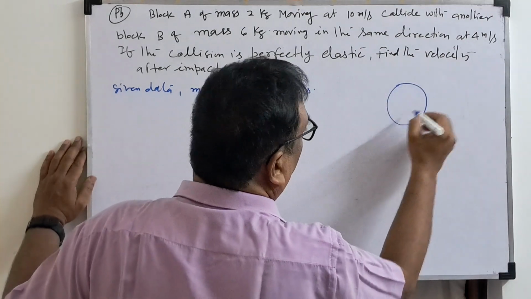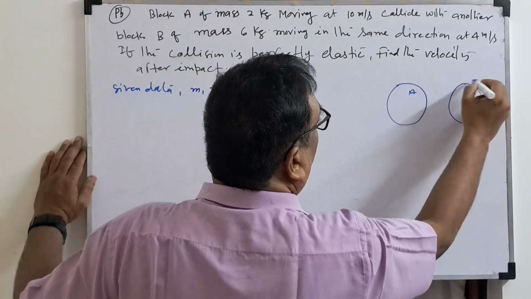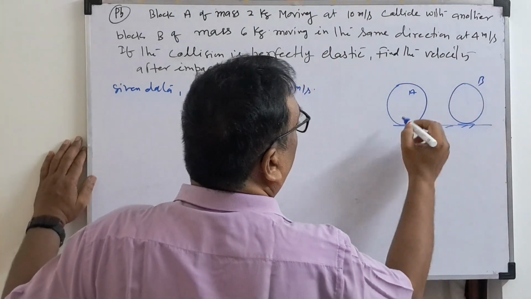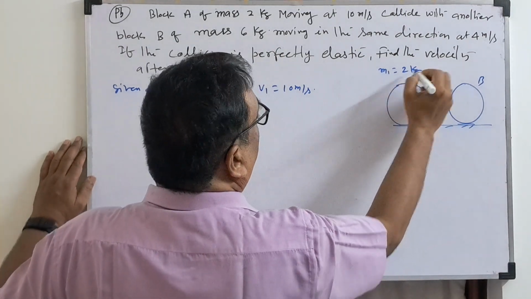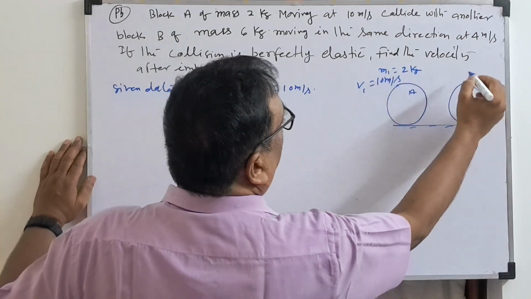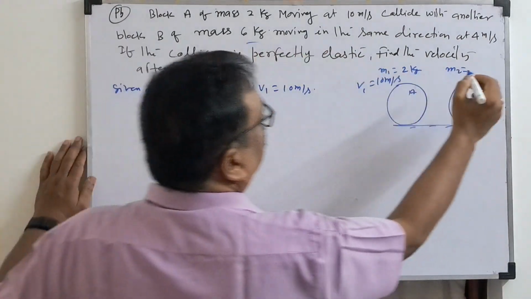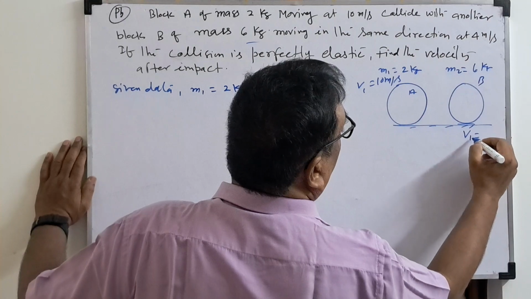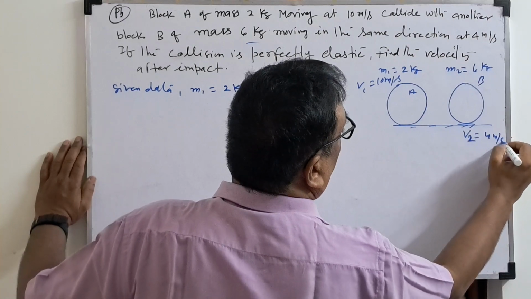This is block A, and this is block B. The masses given are M1 equal to 2 kg, V1 equal to 10 meters per second, M2 equal to 6 kg, and V2 equal to 4 meters per second.